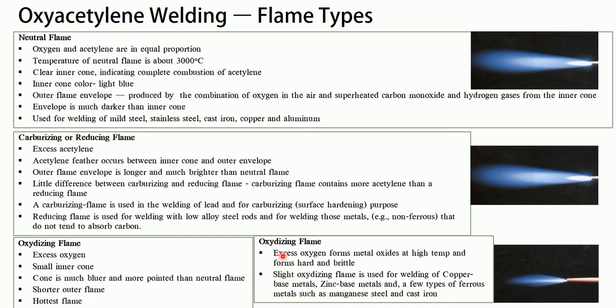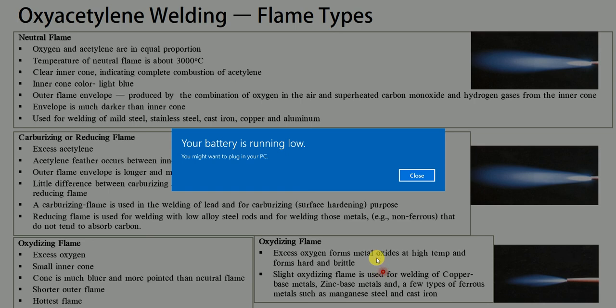Therefore, generally oxidizing flame is not used for the joining process. Slight oxidizing flame is used for the welding of copper based metals, zinc based metals and a few types of ferrous metals such as manganese steel and cast iron. So the applications are very few in this type of flame.